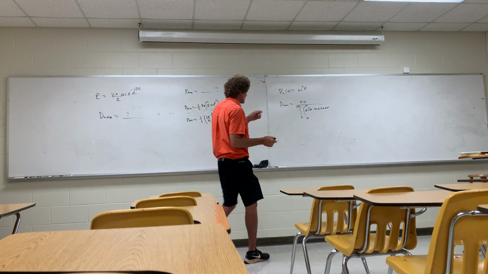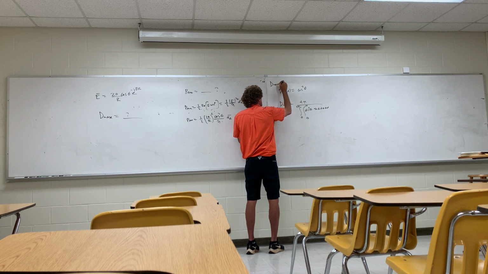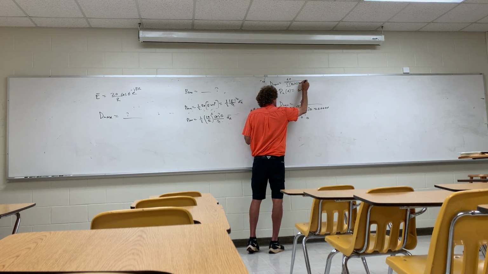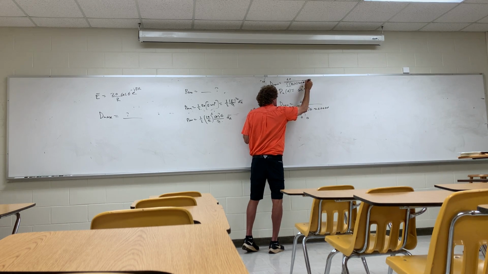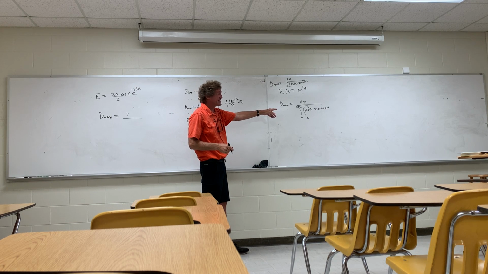If you're uncertain about that, D max is actually equal to 4 pi over the integral of the normalized power density as a function of angle times sine of theta d theta d phi. That's what I'm doing. Now, the nice thing about this integral is you don't have to break up a sine cubed.